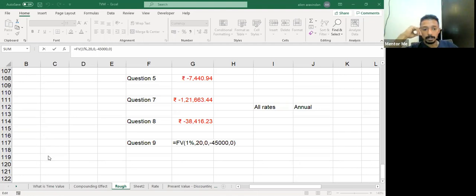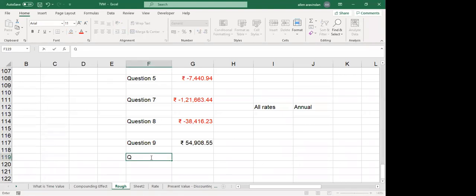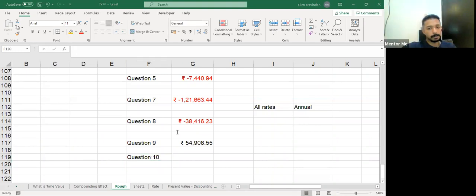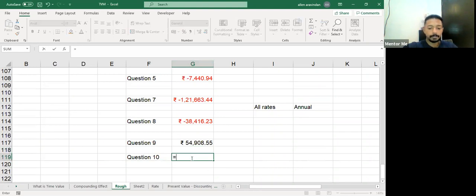Okay. Question number 10. Let's calculate that quickly. How much would you pay for an investment which will be worth 16,000 in 3 years? So how much would you pay? When do we usually pay? We pay today, right?